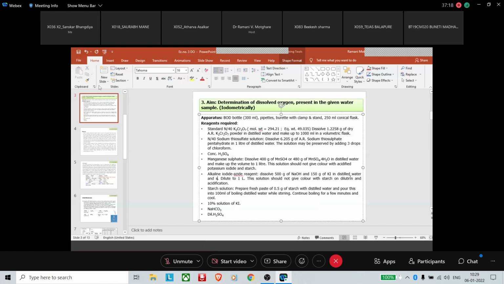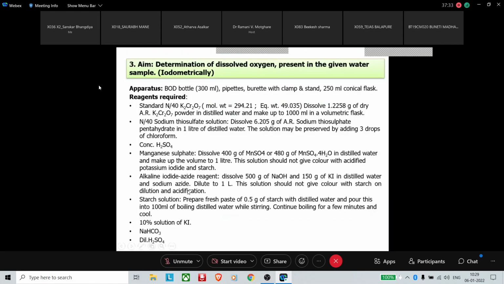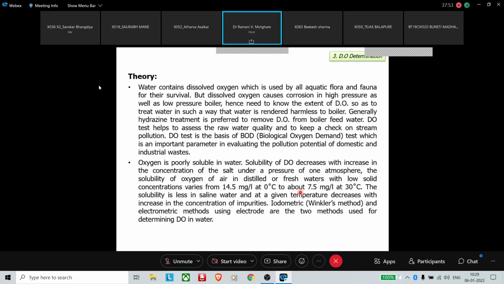The quantity of sodium azide I'll find out and then I will write. So for the time being, this is the solution. It contains NaOH, KI also. So first of all, in the water sample, MnSO4 is added, and after MnSO4, 2 ml of this solution is added, which contains all those things.